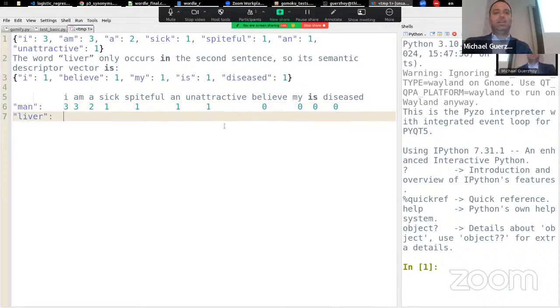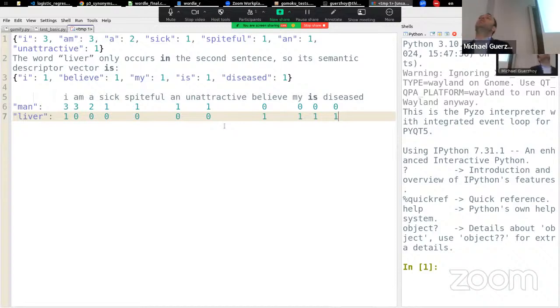On the other hand, liver occurs with I once, not anything with am, not anything with a, not with sick, not with spiteful, not with an, not with unattractive, but once with believe, once with my, is, deceased, right? So if we look at co-occurrences this way, we can in fact represent words as fixed dimensional vectors.